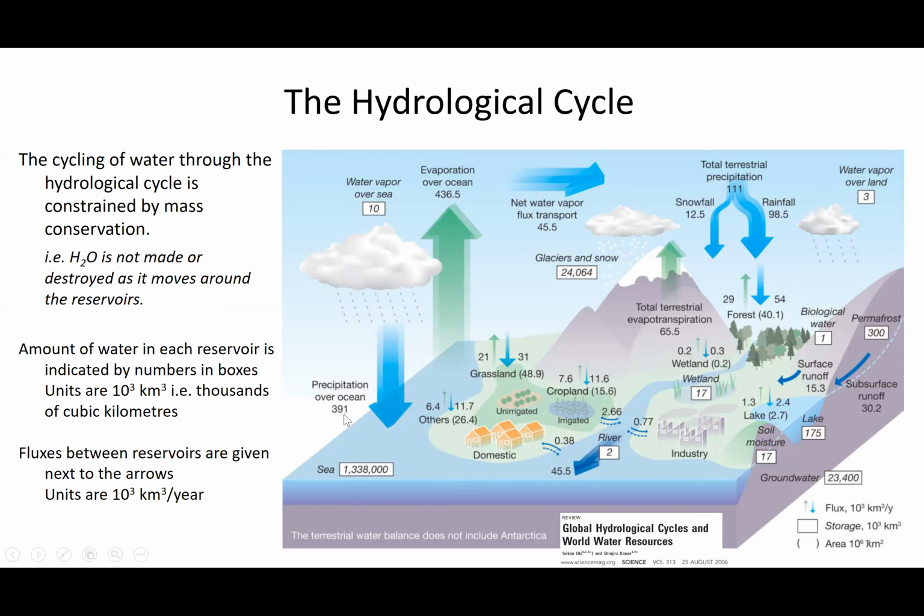And this flux here is 391,000 cubic kilometres per year. Those units you can see down here. And if you look around the diagram, you can see all the fluxes between all the different reservoirs.